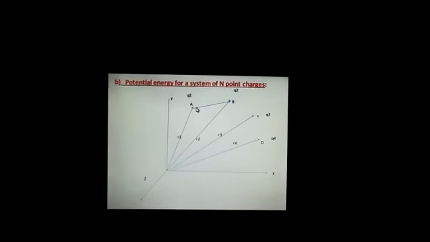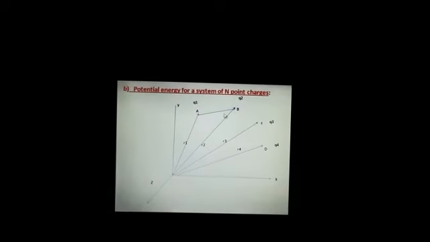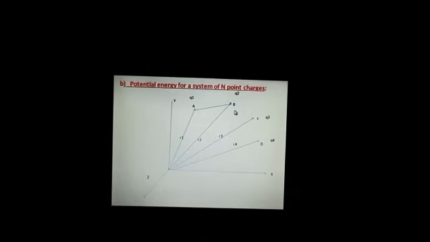Here we discussed only two charges. Now we have to discuss for n-point charges. In the first topic we discussed only these 2 points where the charges Q1 and Q2 are present.